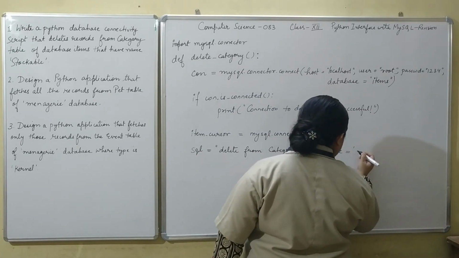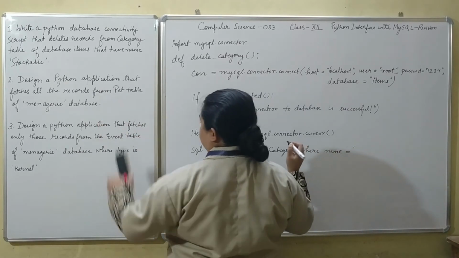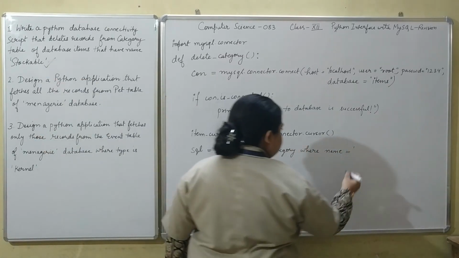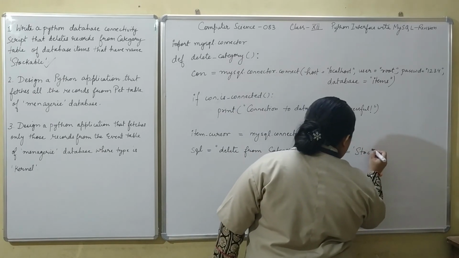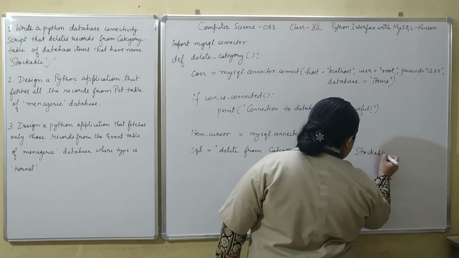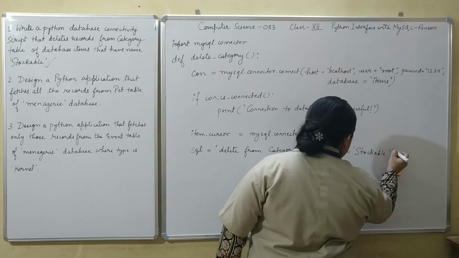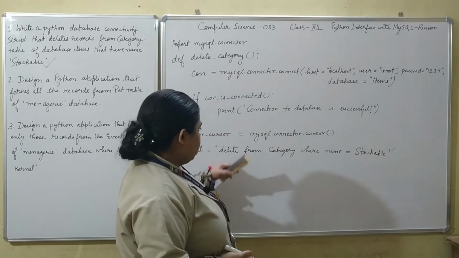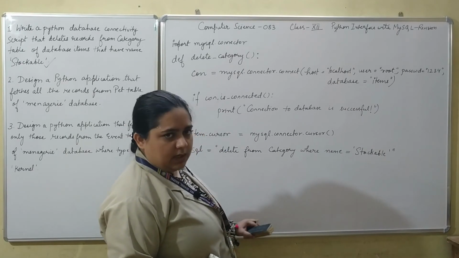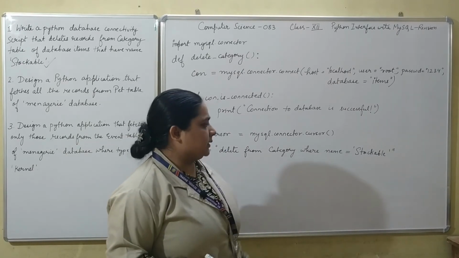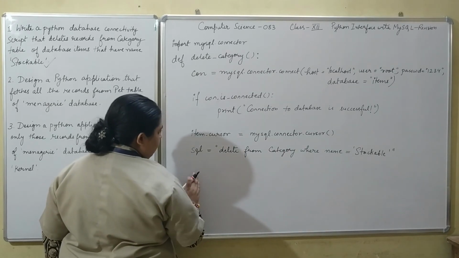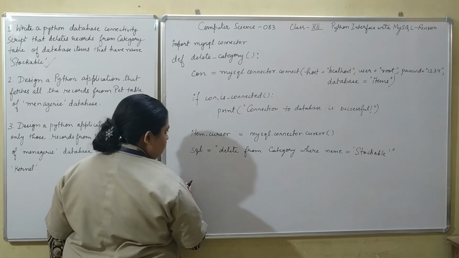Because the data value has been provided in the question itself, I can simply write here stockable. First I will complete this code and then I will tell you which other alternatives you can use for this. So this is my SQL and now I have to execute this SQL.